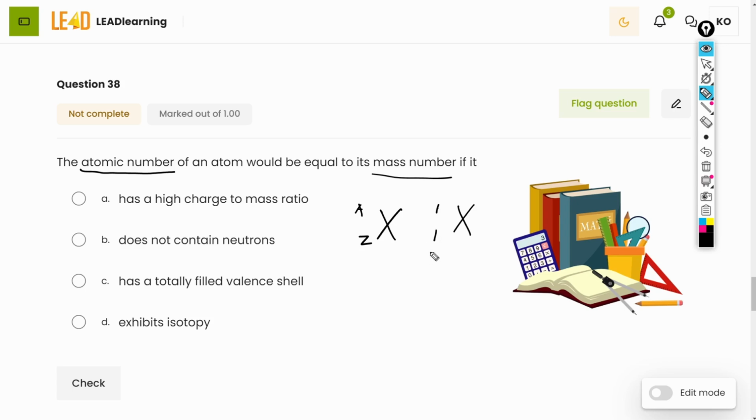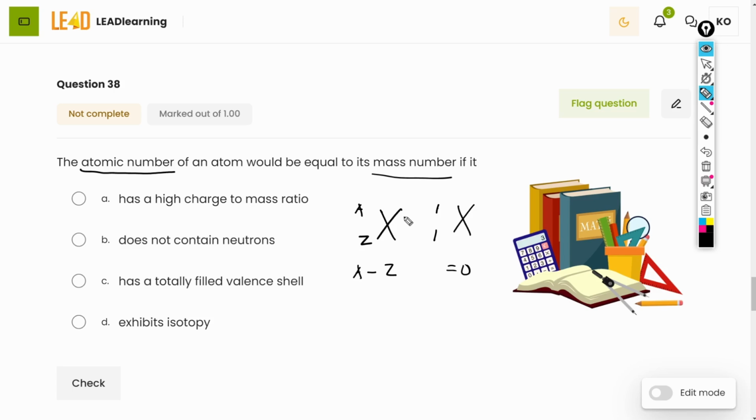If we try to calculate the number of neutrons, this would give us 0, because the number of neutrons is equal to atomic mass A minus proton number Z. So 1 minus 1 is 0.